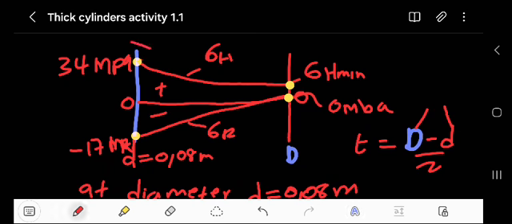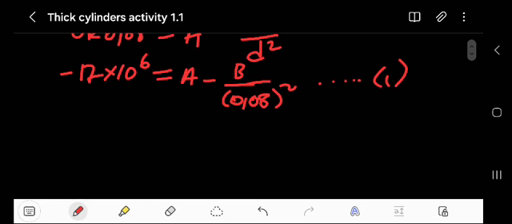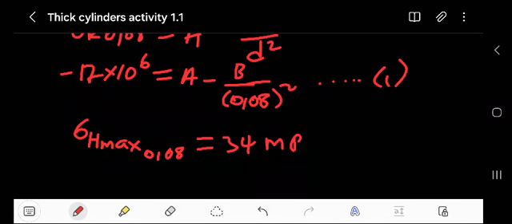In this diameter we also have the hoop stress, which is the maximum hoop stress we are given at this diameter 0.08. We are given that the hoop stress is equal to 34 megapascal. Remember, we're still at diameter 0.08.